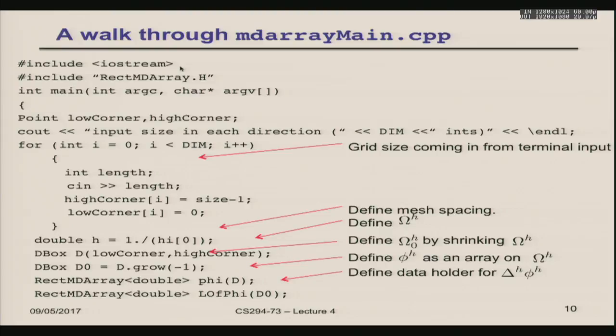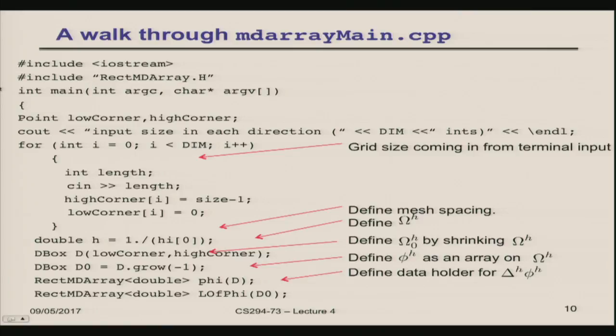Here, I have an include iostream. So here's another STL, or standard namespace, file to give me some nice IO. And then I have the header file for rectMDArray, and that's rectMDArray.h.